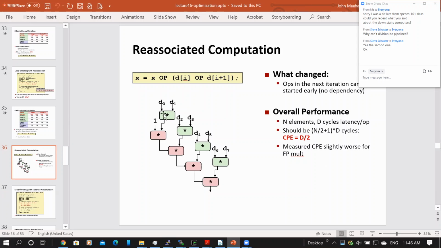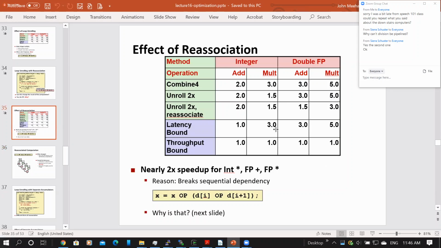And so it would be overlapping probably with this one being pipelined into the thing. And so you get this overlap, and that's why you get those numbers, right? That's why you got this number with the reassociation cutting that in half and dropping that one from 5 to 3, right?